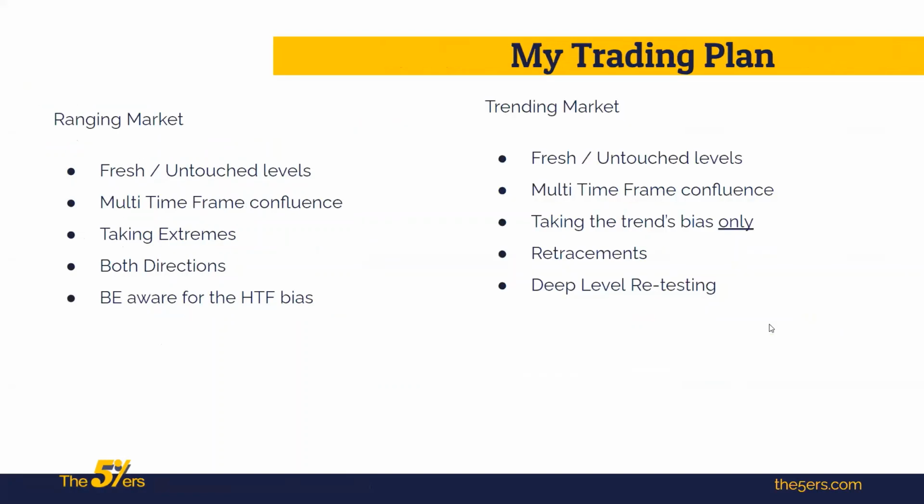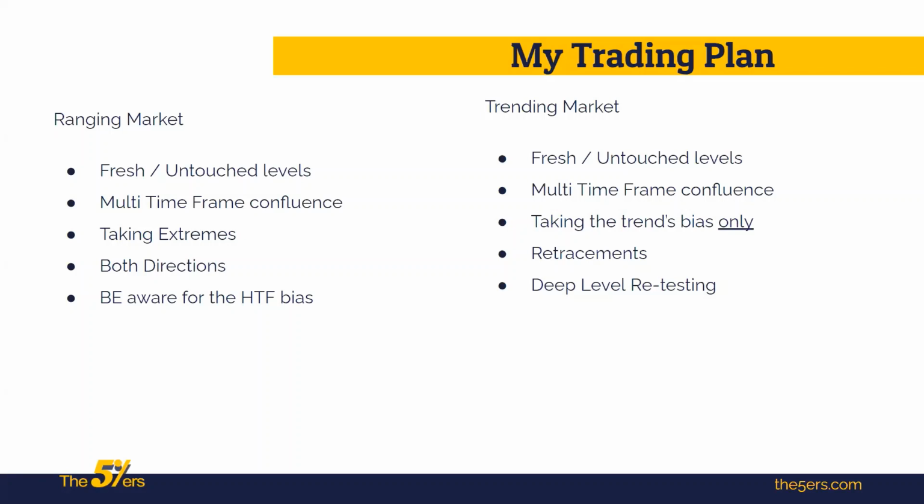Okay, so my trading plan, back to supply and demand. We have to do it fast. So on a ranging market or on a trending market, I have to understand what I want. On any level, I would want a fresh, untouched level. But on the ranging market, I can trade both ways.